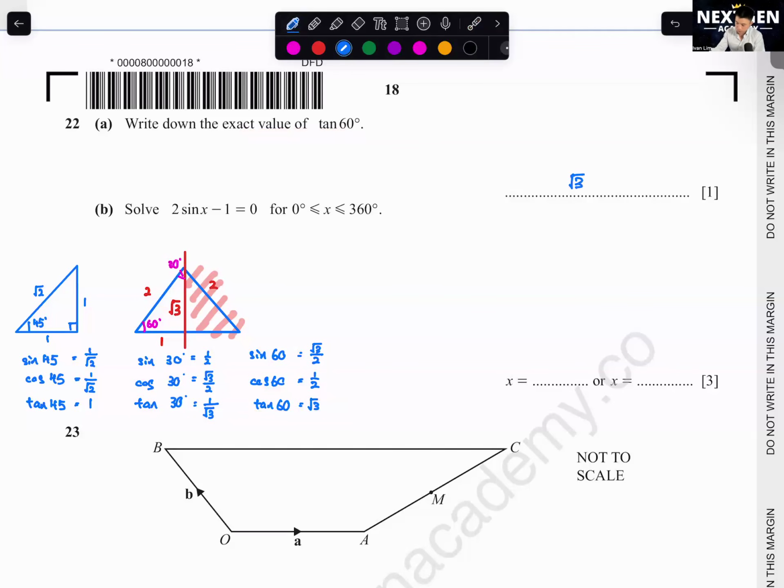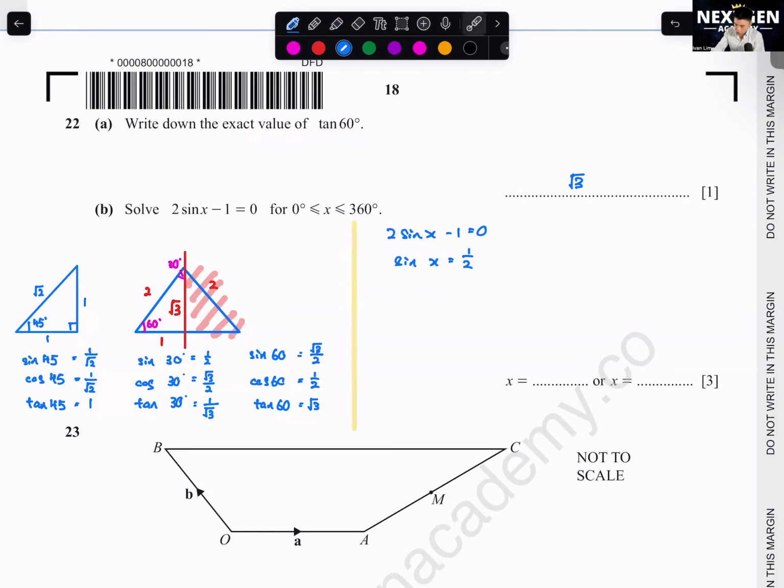Root 3. Just now all of you were asking this one, right? 22B. How to do it without calculator? Okay, can. Because you need to have all these values first. You are going to do like your normal solving, which you bring all the values to one side first. So 2 sine x minus 1 equals to 0. Sine x is equals to 1 over 2.